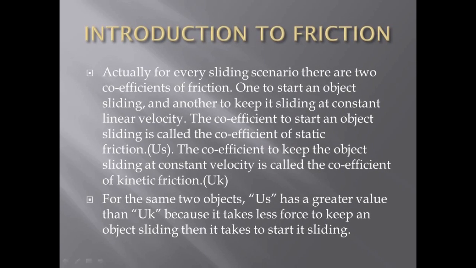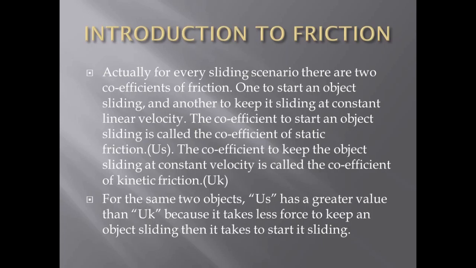Actually, for every sliding scenario, there are two coefficients of friction. One to start an object sliding, and another to keep it sliding at constant linear velocity. The coefficient to start an object sliding is called the coefficient of static friction, and is given the symbol μs.